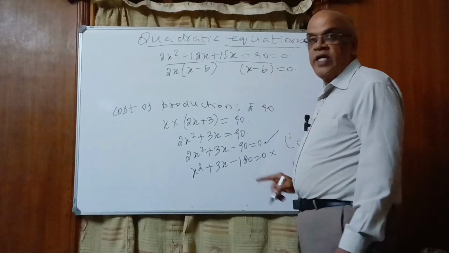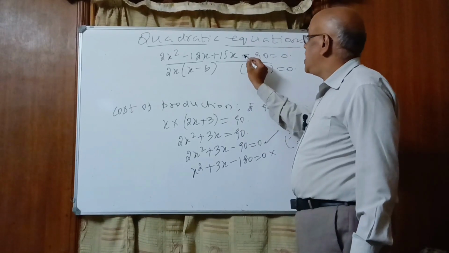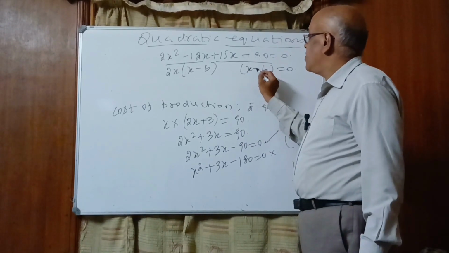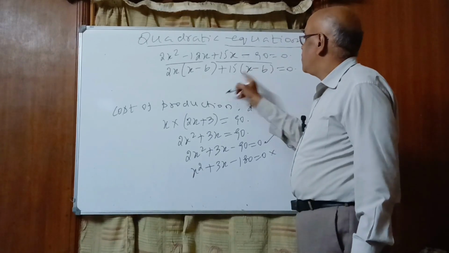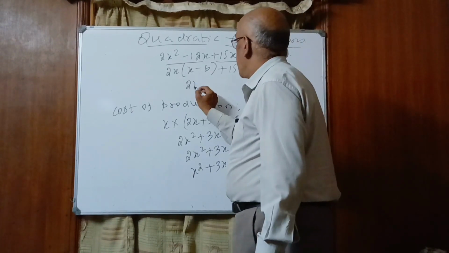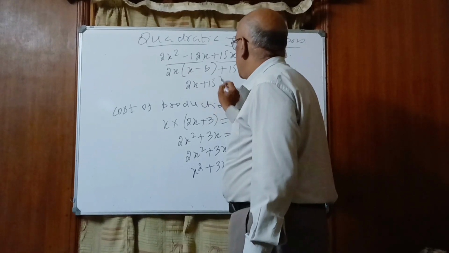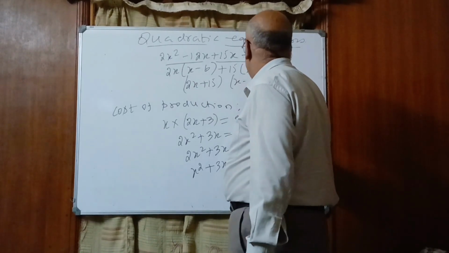The same factor we should write here. Now, what was the sign here? Minus. What is the sign here? Minus. Same sign, outside plus, I said, children. Yes or no? Yes. So, 2x plus 15 into x minus 6.